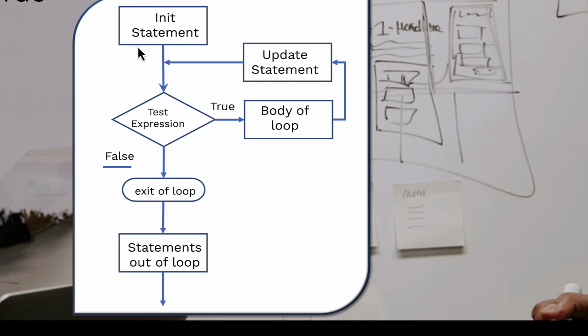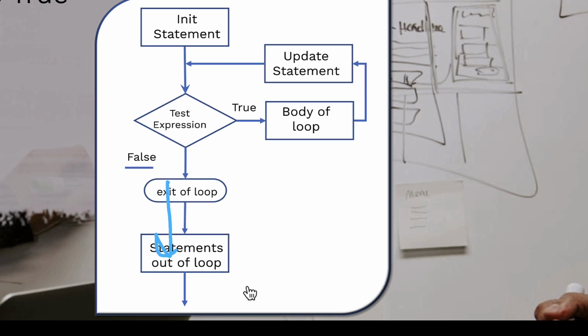But if we do, we're going to test the expression, and while the condition is true, it's going to execute the body of loop. And depending on how we have things structured, we may need to have some kind of update statement or some kind of parameter to either break out of the loop or something along those lines. So then it basically continues looping around.